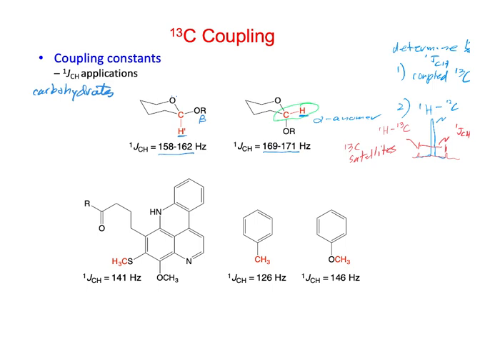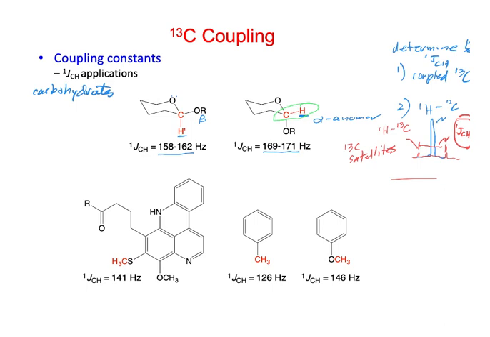So what information does the distance between two satellites give us? Yes, that's the one-bond carbon-hydrogen coupling constant. And in this case, if we measured this and it was 170 hertz, then that would tell us that we must have the alpha anomer of this sugar rather than the beta. The beta would be more like 160.